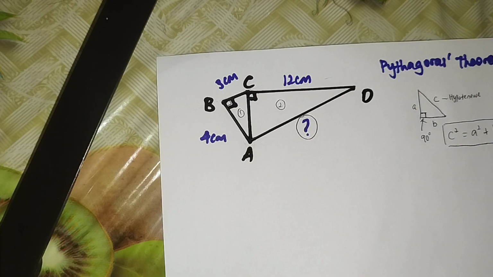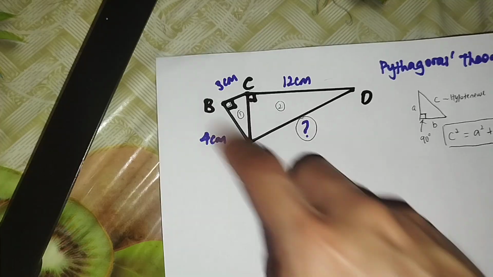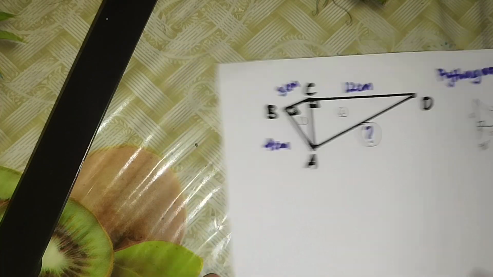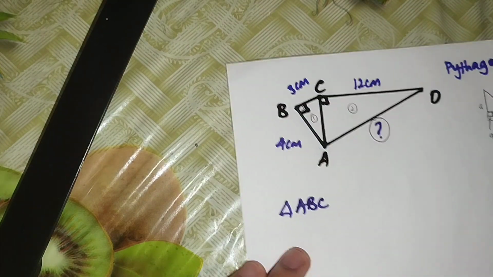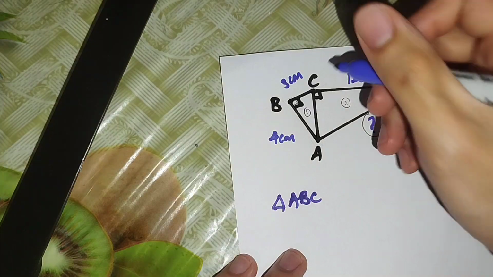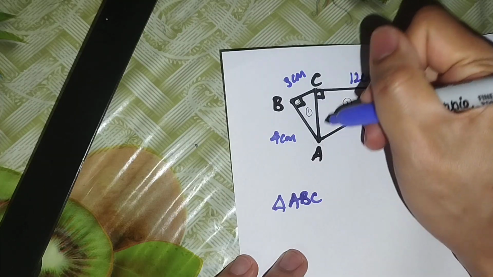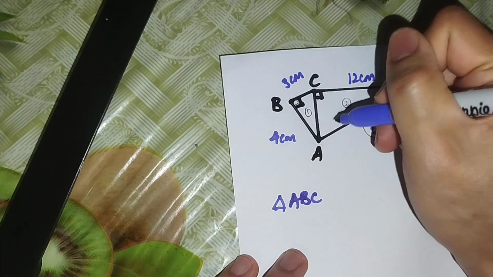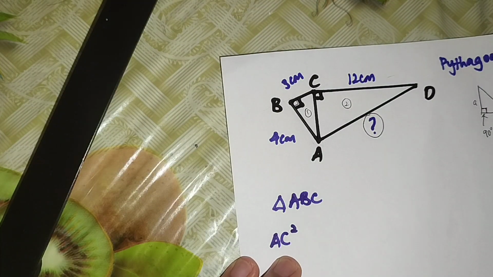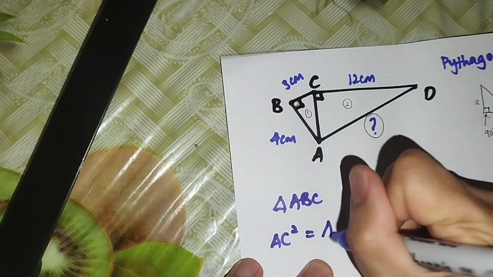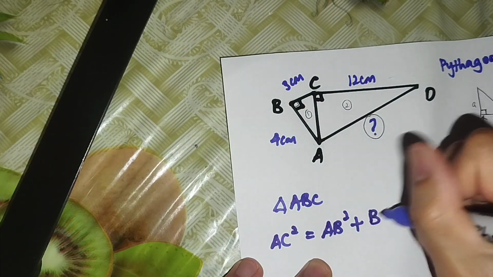And we're going to start with what we got here. And obviously, the most complete is ABC. So we look at triangle ABC. The hypotenuse will be AC because it's opposite the 90 degree, right? So we know very well that AC squared, the hypotenuse, is equal to AB squared and BC squared.